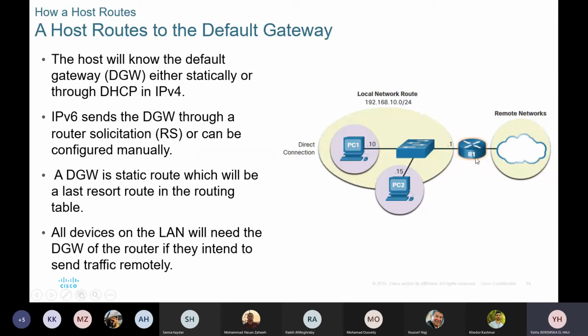So here, in this example, we also have the same picture. If we use IP version 4, it means that on these devices we can put manually the configuration of their IP addresses and the default gateway.